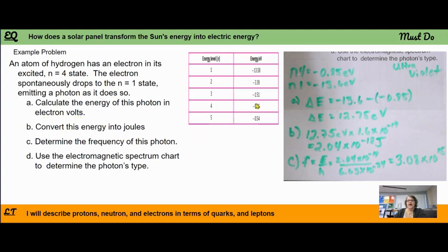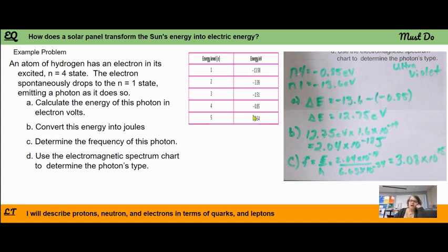So it's starting at 4 and it's dropping to 1. So our energy is going to be the difference between where we started and where we ended. It's the ending energy minus the beginning energy.